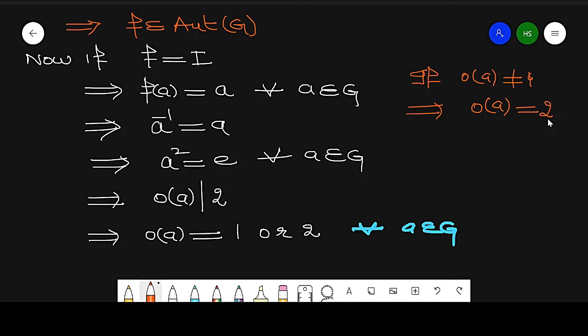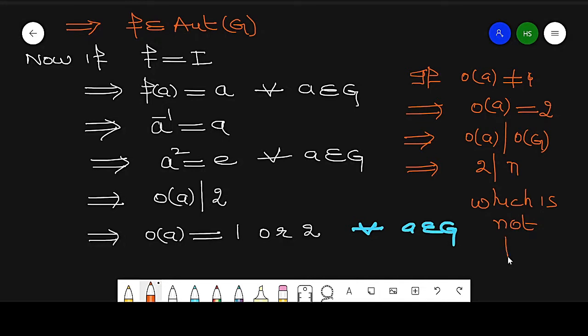By Lagrange's theorem, the order of a divides the order of G. So 2 divides the order of G, which is n, but n is odd, which is a contradiction and not possible.